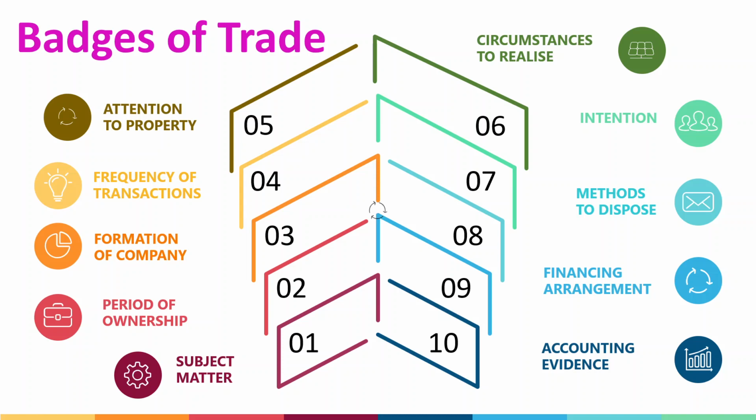Number one is talking about subject matter. Subject matter actually refers to the subject itself. When you have that particular subject, what is the purpose of you having that? Is it because you want to have personal enjoyment or is it because you want to generate income? For instance, you buy paintings.